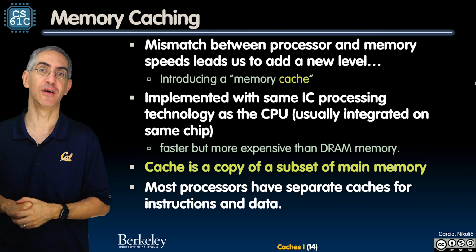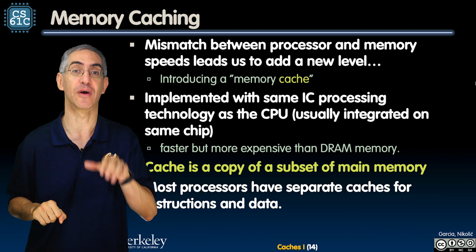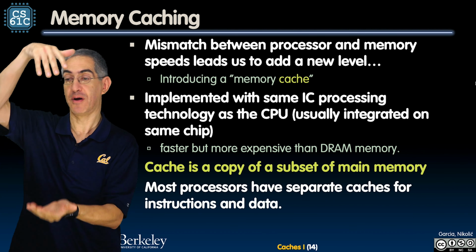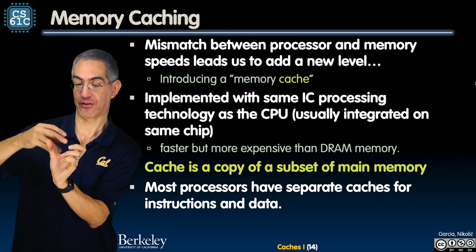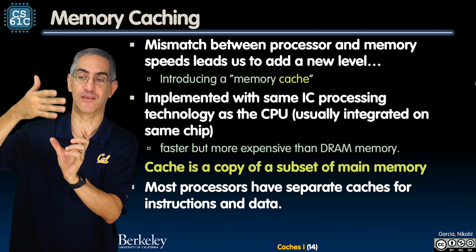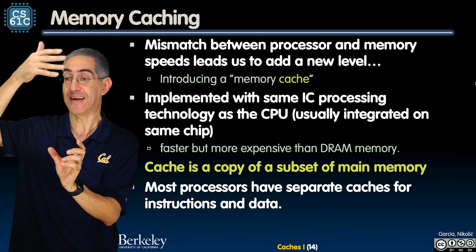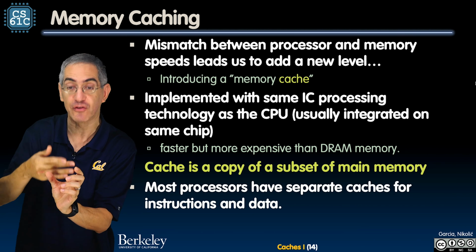And by the way, this is also something we're going to see when I show you pictures of a CPU later. Most processors actually have separate caches for instructions and data. You remember, in the place where code lived, instructions were down here and data was up here, right? Whether the data is static, growing up from the heap or growing down from the stack, that's still a different place than the instructions.